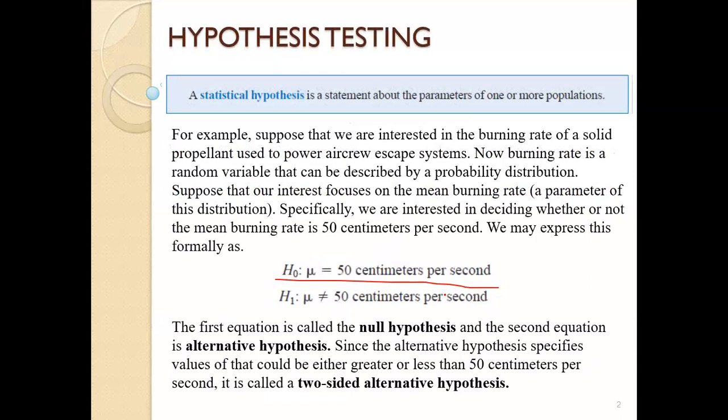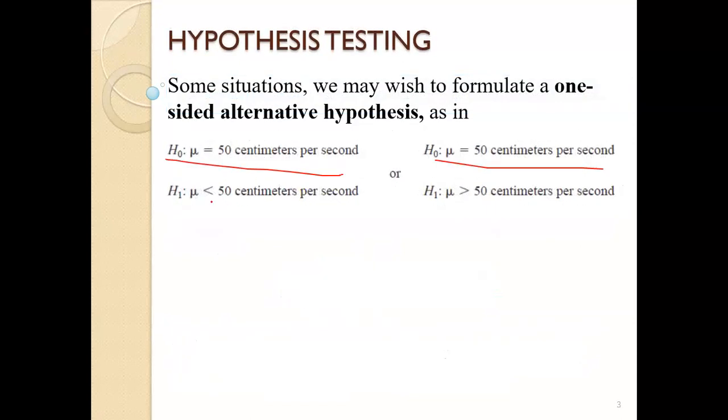Only H1 varies, that's why we have three choices: not equal, or less than, or greater than. There are three possibilities here. But for the null hypothesis H0 we pick the equal sign. We only check whether we will accept H0 or reject H0. If you accept H0, that means you reject H1. This is the hypothesis here.